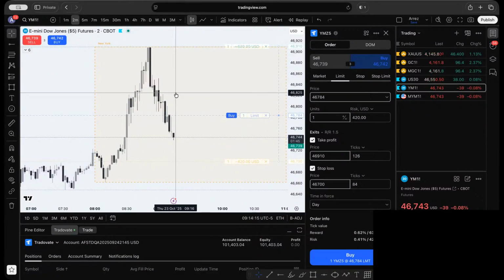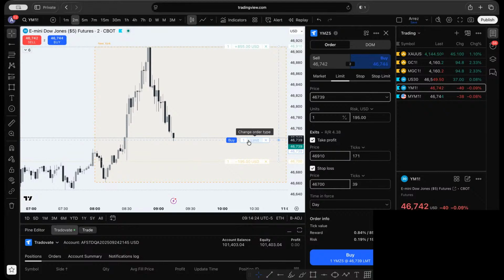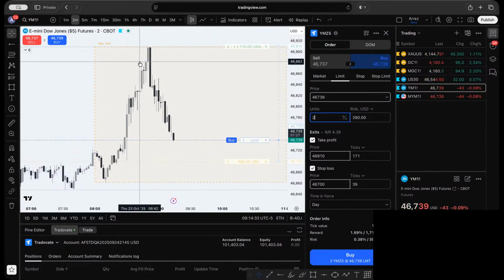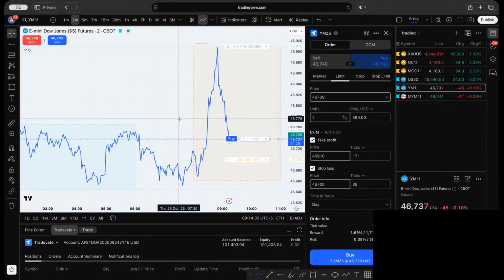If on the 2 minute we saw a break of structure, to me, that's showing that we are ready to get into a trade. However, we don't see anything similar to that showing up just yet. And so that is the reason why we need to wait for structure before we are able to get into any type of buy.